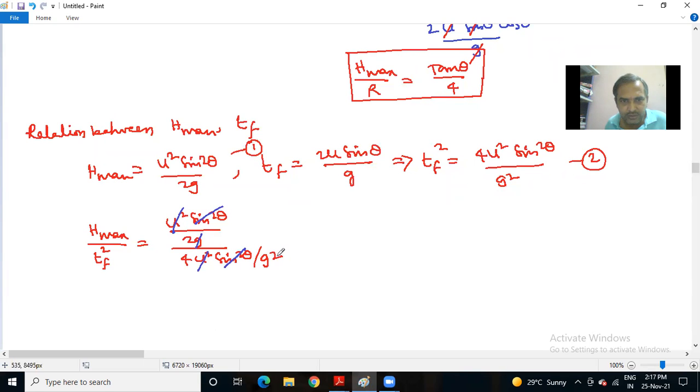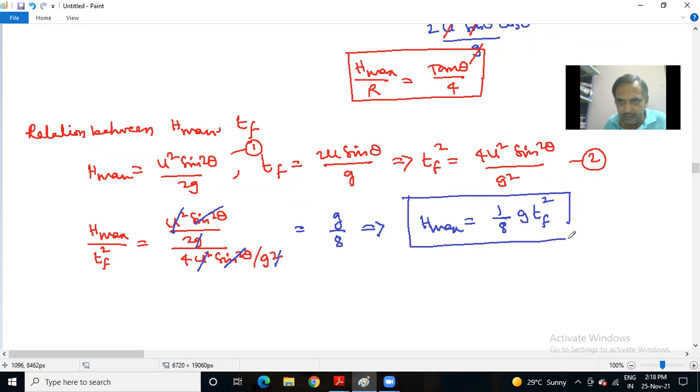So you can cancel 1 g, the remaining g will go up, and g by this will be 8. The final relation is h max is equal to 1 by 8 g times the time of flight square. So there will also be a numerical directly on this.